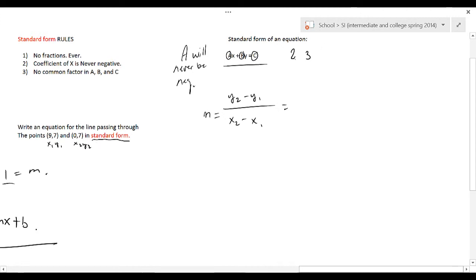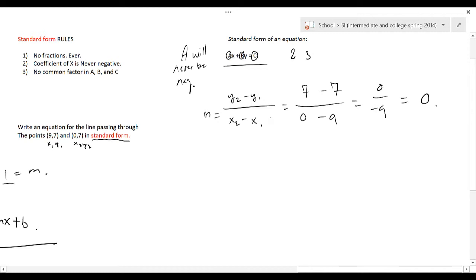I'm going to say 7 minus 7 over 0 minus 9. And that gives me 0 over negative 9, which equals 0. Because 0 divided by anything is 0. So my slope is 0.